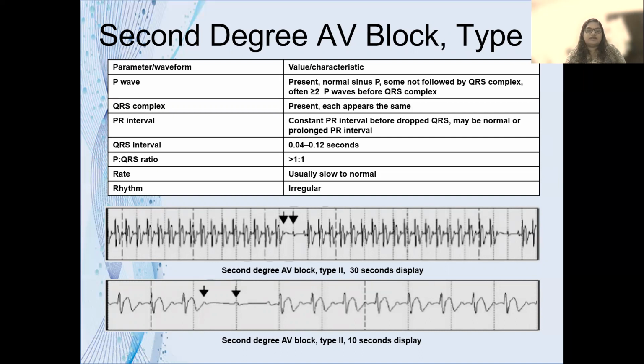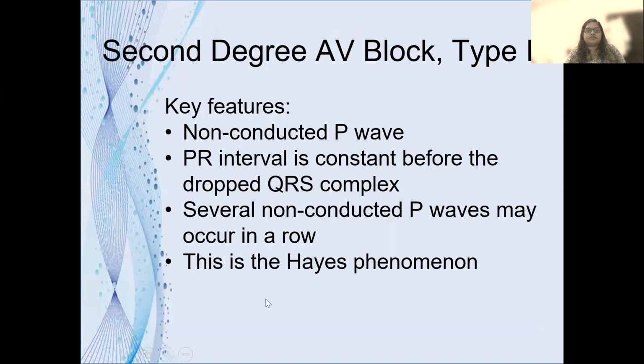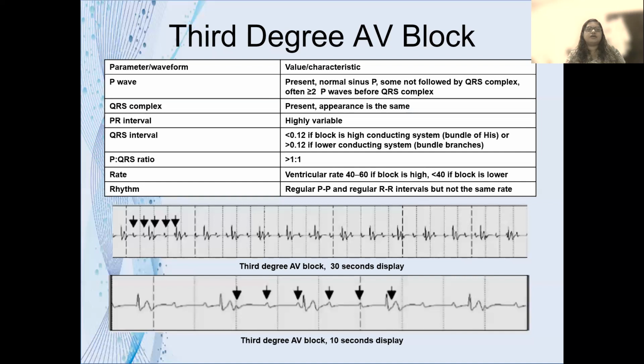So you have a left alone P wave and there is no cardiac output here. This is a problem. Non-conducted P waves. So there is a P, but it does not go to the QRS and then T. This is the Hayes phenomenon. Okay, second degree AV block type 2 is Hayes phenomenon.